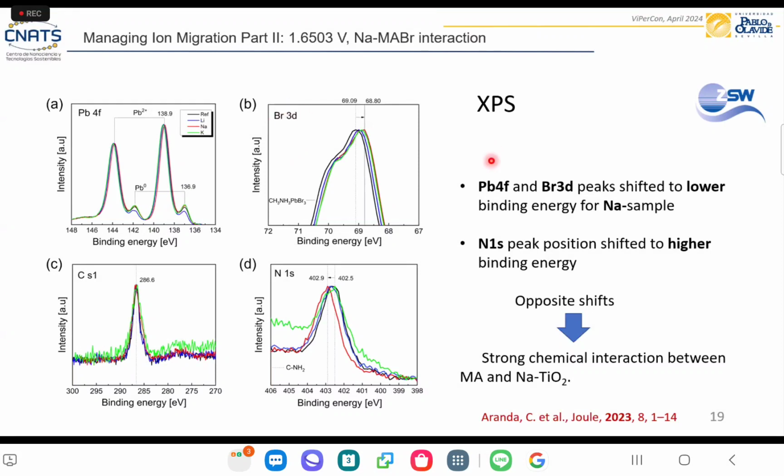In fact, for the bromide, the peaks are shifted to lower binding energies in the case of the sodium sample, as you can see here. However, if you pay attention to the nitrogen spectra, the peak position shifts to higher binding energies. And this opposite shift gives us the idea that perhaps a strong chemical interaction is being produced between the methylamine and the sodium TiO2 device.